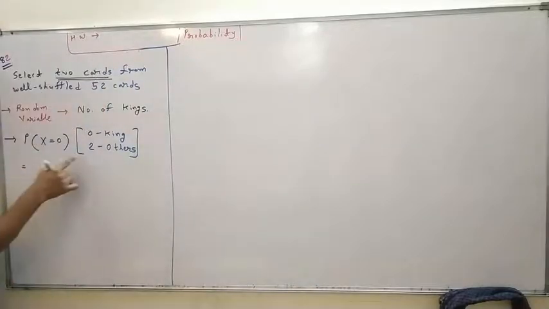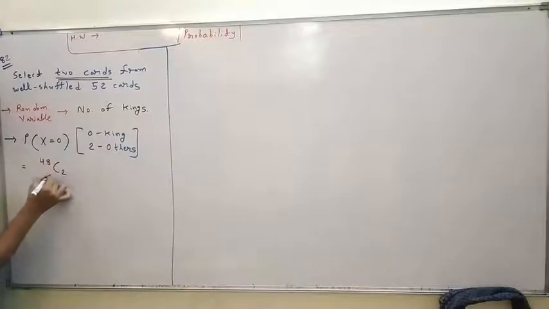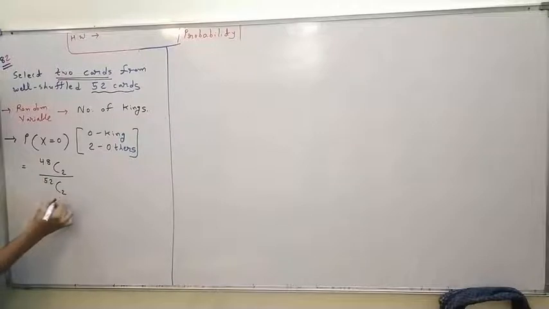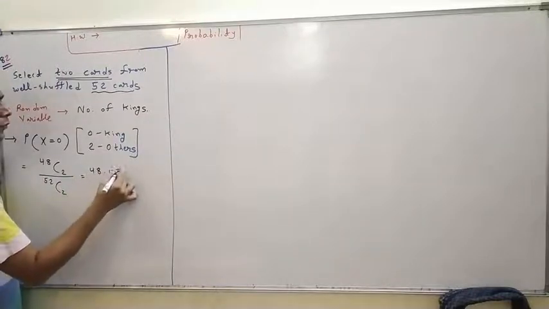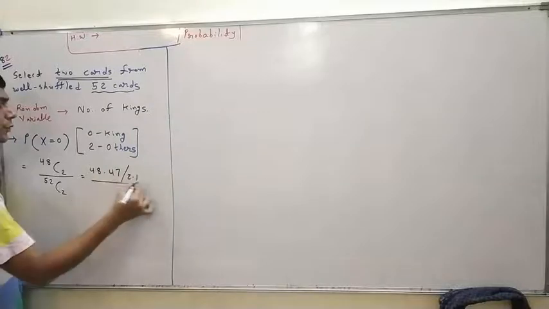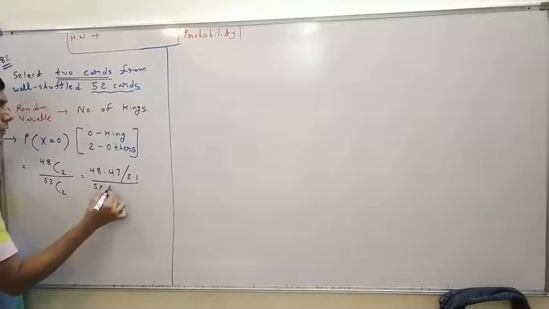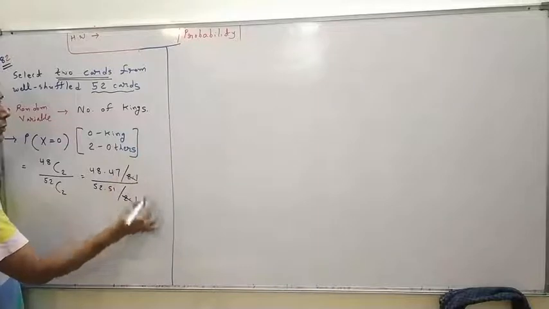So you have to select two cards from the other 48 cards, which can be done in 48C2 ways, and the total number of possibilities is 52C2. So that is 48 upon 47 into 2 into 1 over 52 into 51 upon 2 into 1. The 2 into 1 cancels.